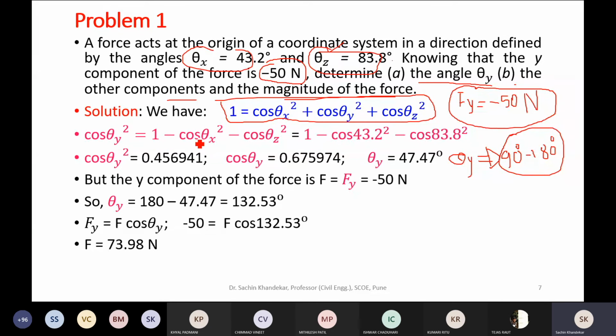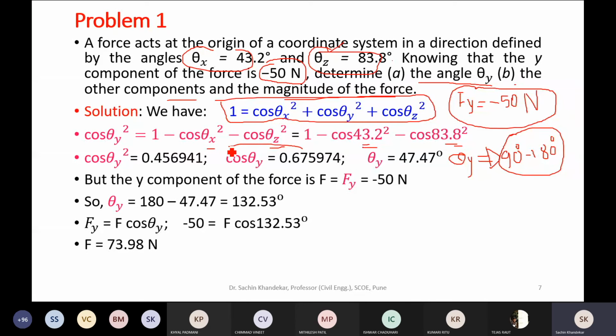Substituting the values, we get cos square theta y as 0.4569, and after solving, cos of theta y as 0.6759.